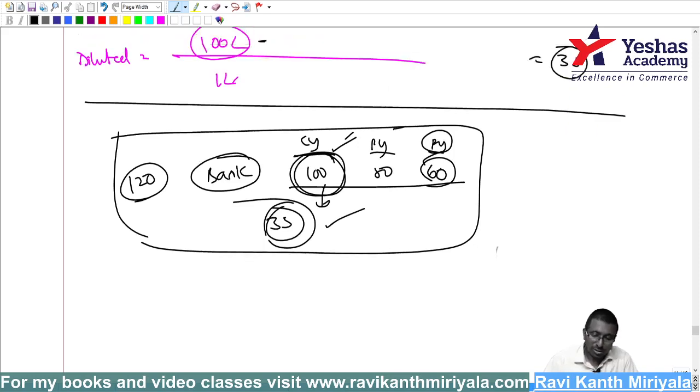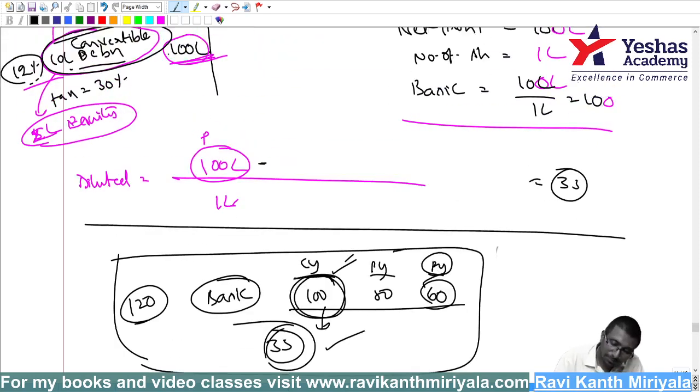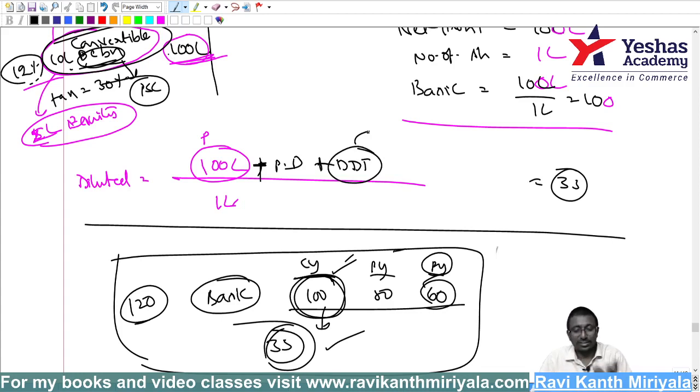Same situation if it is convertible preference shares. Assume this is not debentures, and convertible preference share capital is there. Then what should I consider, sir? No problem. Preference dividend will be added, plus dividend distribution tax will also be added back, because earlier dividend distribution tax was deducted.